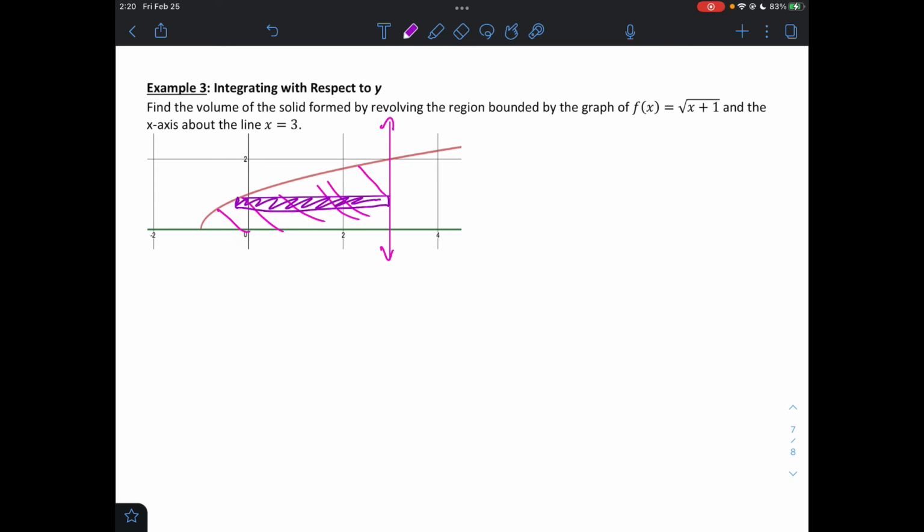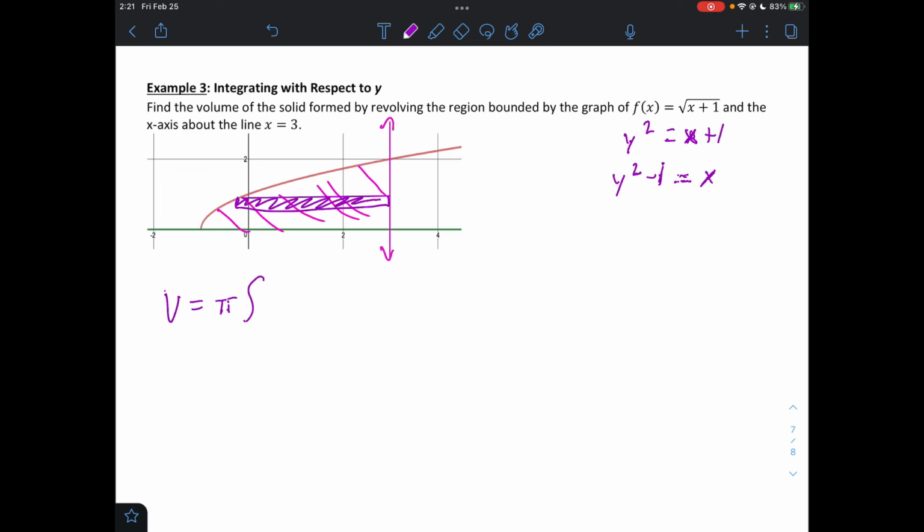Okay, we're going to move that thing up and down to create this whole region. So it's going to be a dy problem, which means I need to solve this to be in terms of y. So it's going to be y squared equals x plus 1, and then y squared minus 1 equals x. All right, so our volume here is going to be pi times the integral.